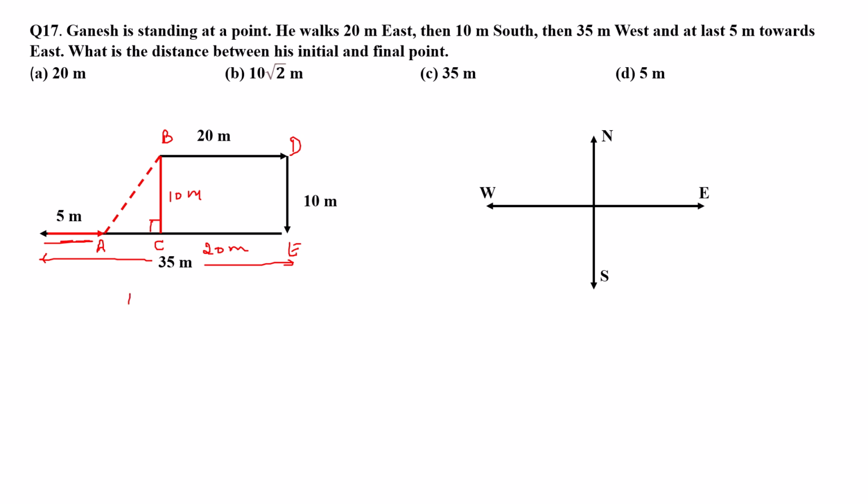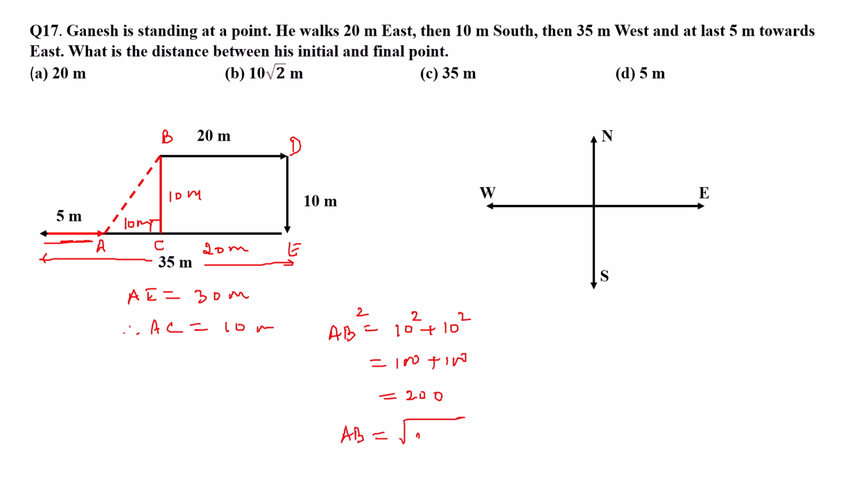It means this AE distance is now 30 meter. So therefore AC will be 30 minus 20, 10 meter. This is your only 10 meter. So use Pythagoras theorem and find AB. So AB square will be equal to 10 square plus 10 square, which will give me 100 plus 100, and 100 plus 100 is 200. So AB will be root of 200, which I can write as 2 into 100, and so root of 100 is 10. So 10 root 2 meter will be the answer. So B is the correct option.